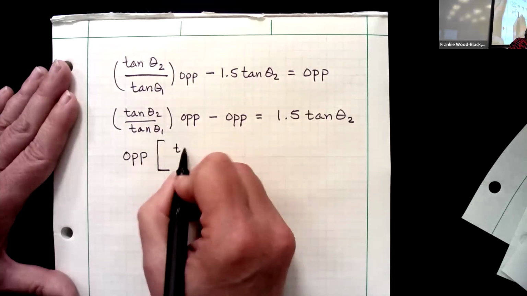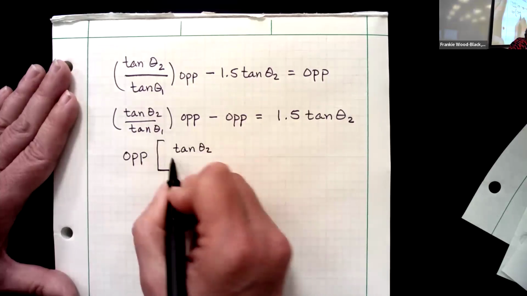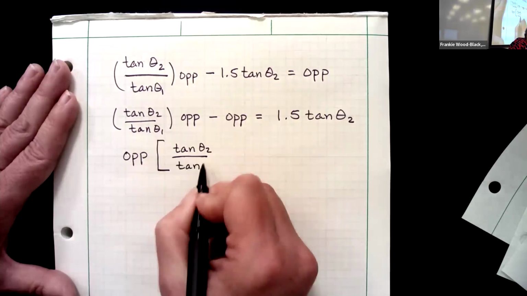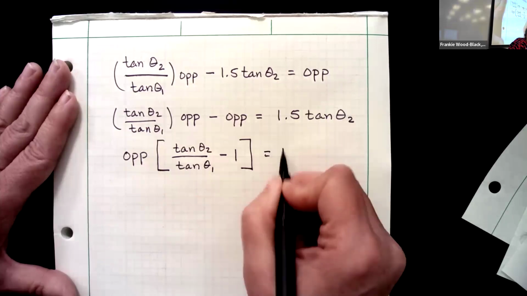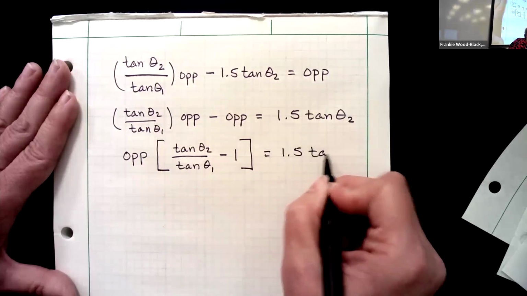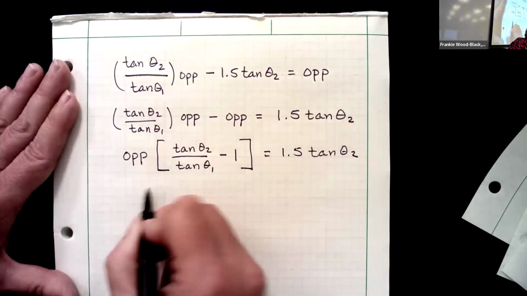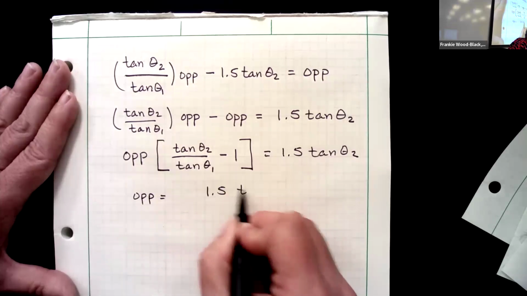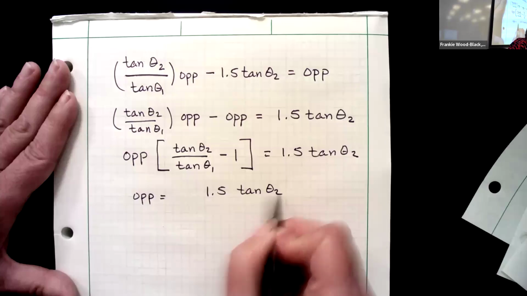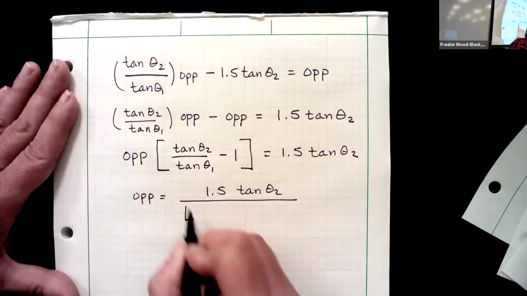And I get tangent angle 2 over tangent angle 1 minus 1 is equal to 1.5 tangent of 2. So the opposite is going to equal 1.5 tangent of angle 2 divided by this factor.